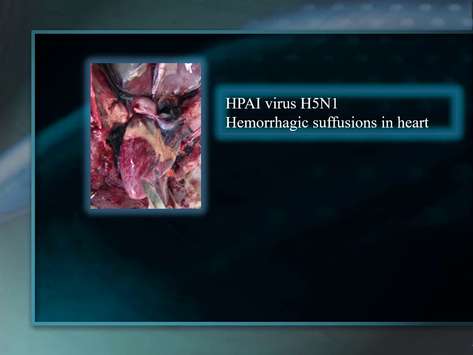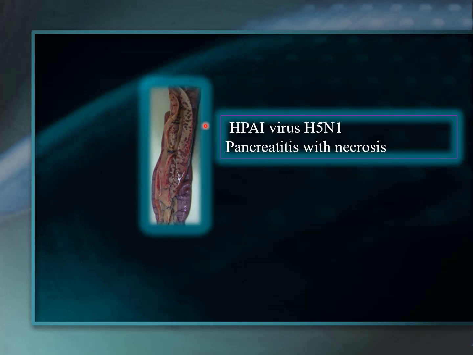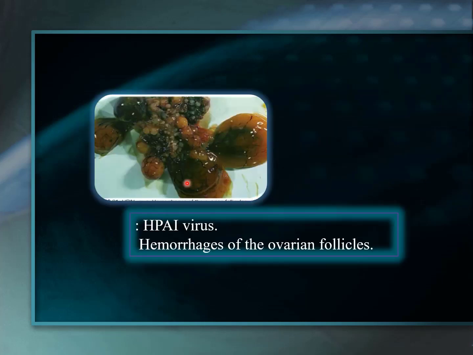Highly pathogenic avian influenza virus: hemorrhagic suffusions in the heart. Highly pathogenic avian influenza virus H5N1: pancreatitis with necrosis of the pancreas between the two lobes of the duodenum. Highly pathogenic avian influenza virus: hemorrhage of the ovaries.